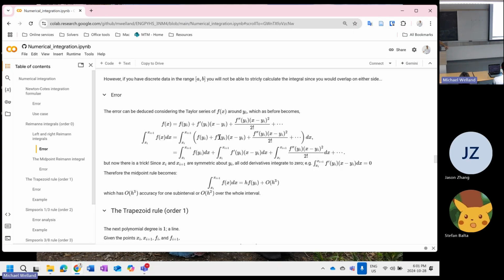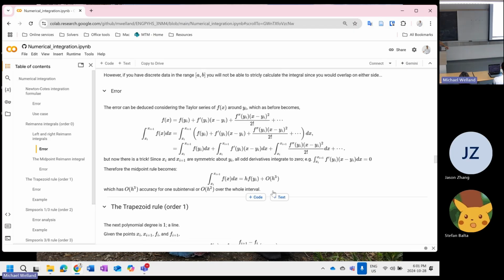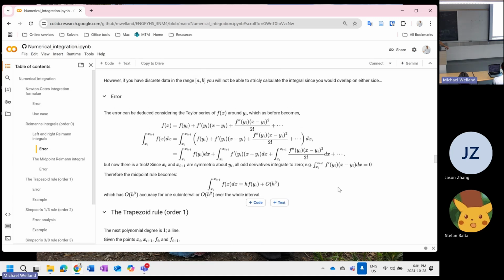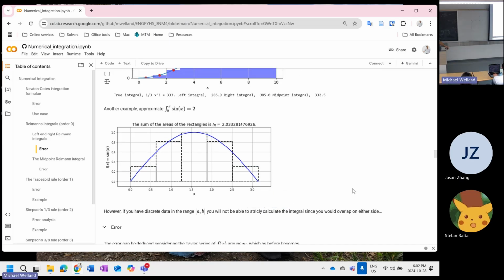What you end up getting is that your first derivatives cancel out, and when your first derivatives cancel out, you're left with the next term, which turns out to be order h cubed, which is pretty nice. In which case, again, integration over the whole domain gets to be h squared. So the math is all there. Go nuts. But that's the heart of it. You take what's before and you cancel it out with what's after it.